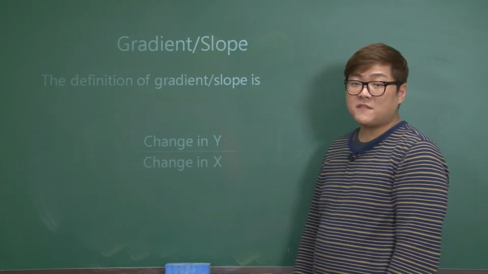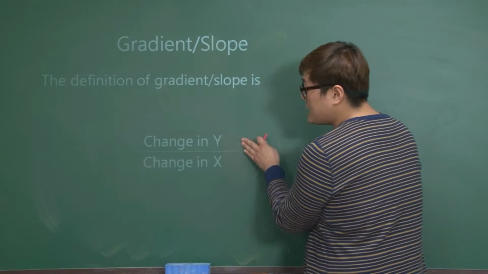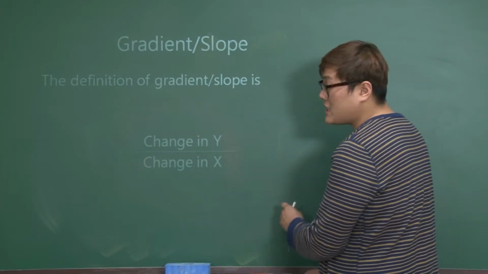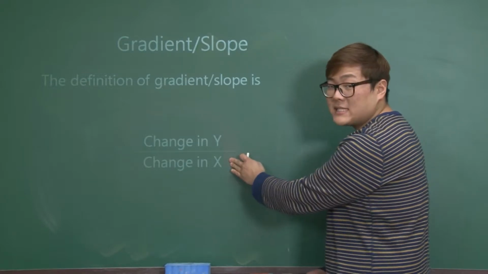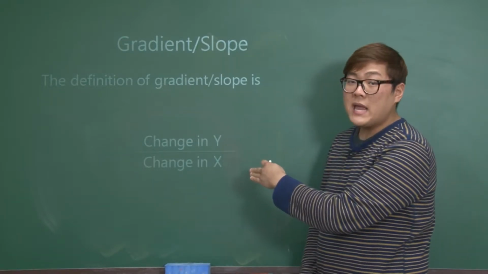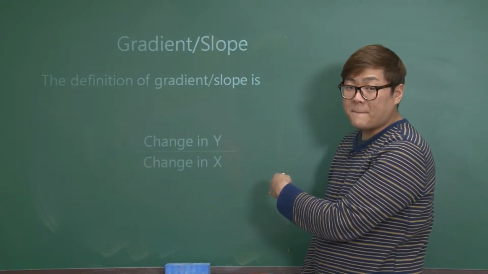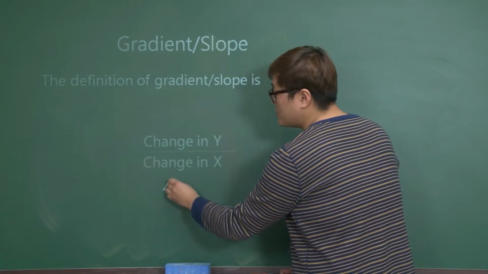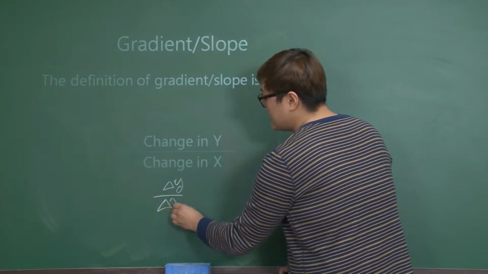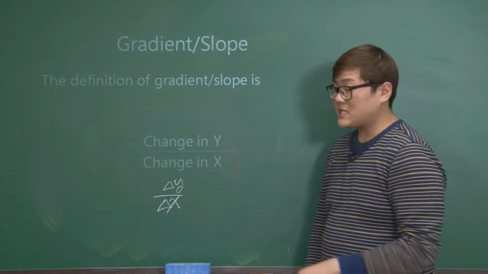Okay, so gradient and slope. What is the definition of it? It's really simple. Change in y over change in x, which means if you change some value of x and you change the value of y, there must be some ratio between them. That's called gradient. In mathematical terms, we write it down like this: delta y over delta x.